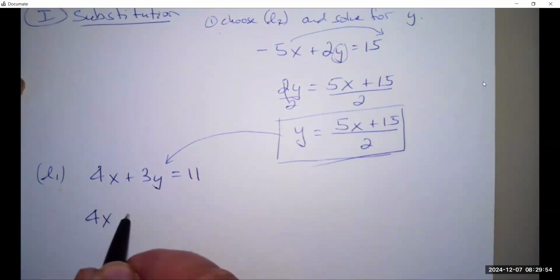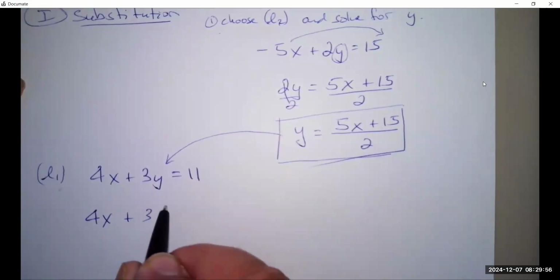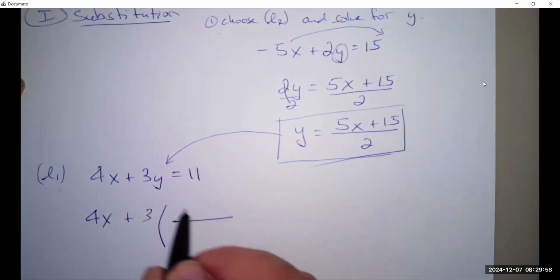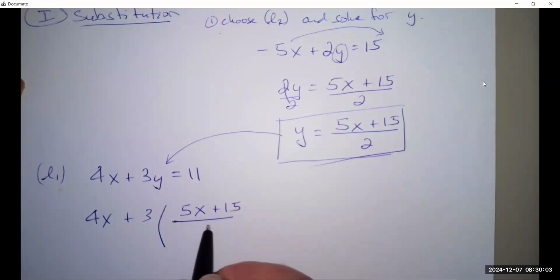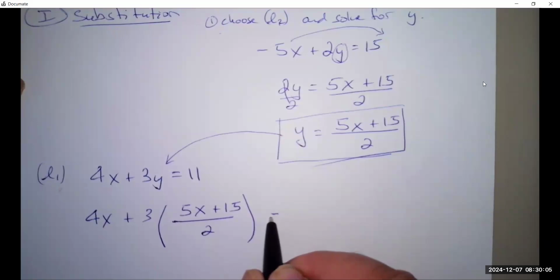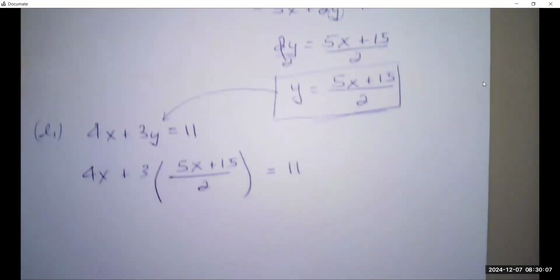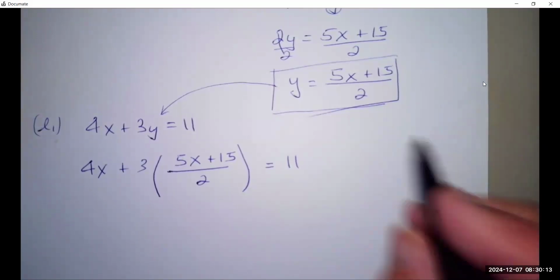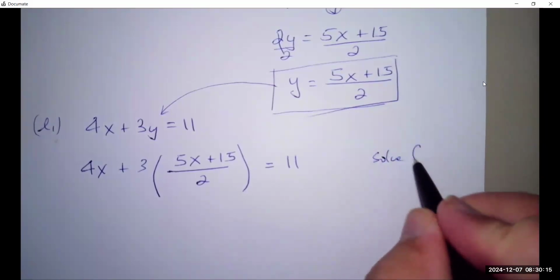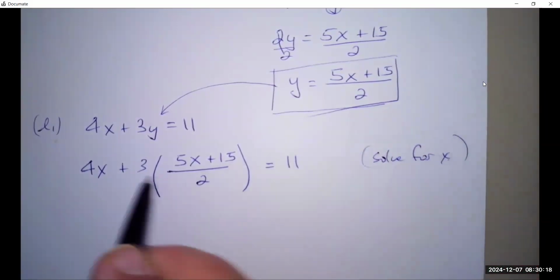So we have 4x plus 3 times (5x plus 15) over 2 equals 11. Now we got to solve for x. That's the only variable.